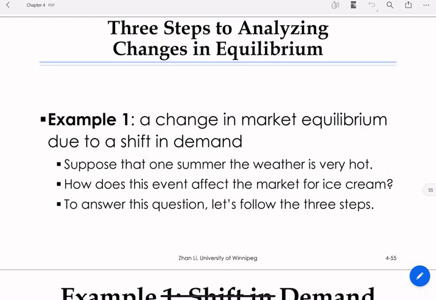And we know that if this is the case, then consumers' tastes will change, right? So basically, consumers will actually like ice creams more. So they will buy more ice cream. This implies that we will observe a change in the demand curve. And to be more specific, the demand curve will actually shift to the right, which represents the increase in demand.